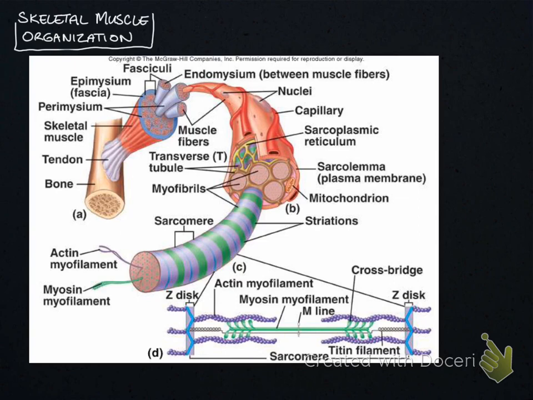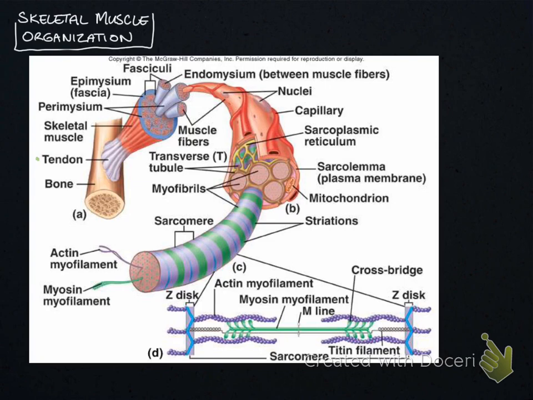So here we have a picture showing each level of the muscle tissue, and there are certain things that we need to know here. We have the bone and the muscle attached to the bone, and what's attaching the muscle to the bone is the tendon.